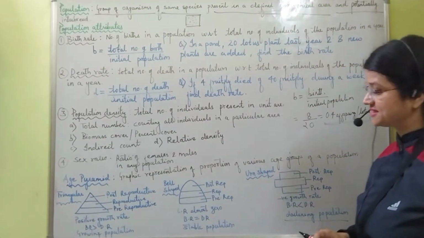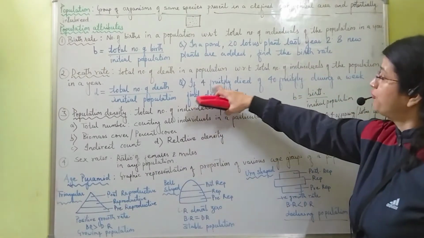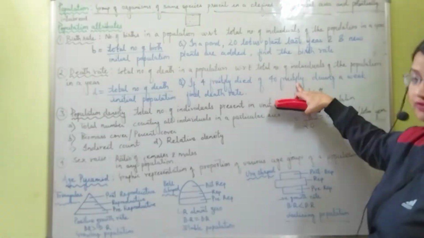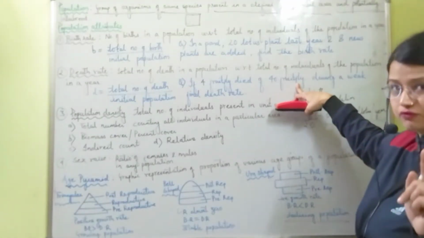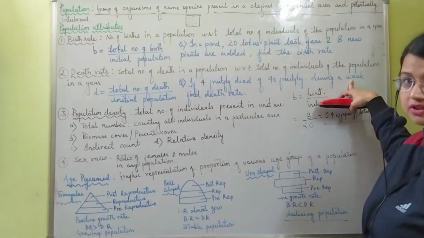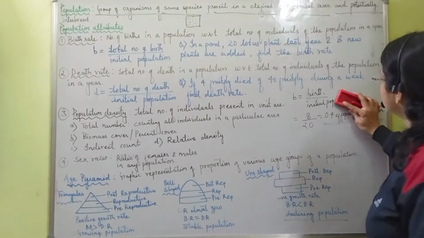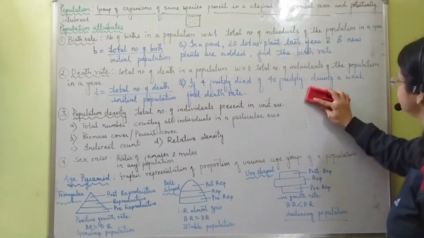Here one more question is given. Just see here. If 4 fruit flies died out of 40 fruit flies. So initially there were 40 fruit flies and 4 died in a week. So the time is a week. Find out the death rate. So to do this, what we will do? Just see here.